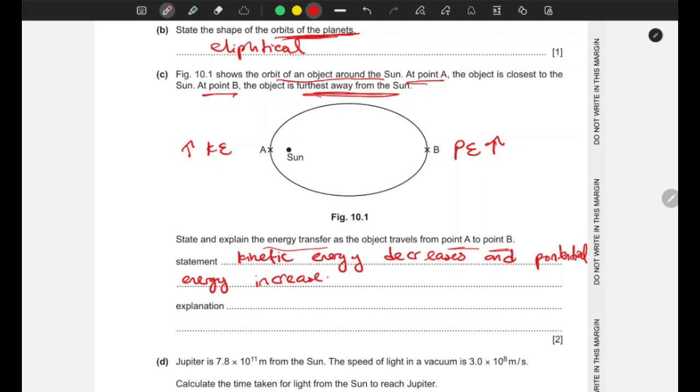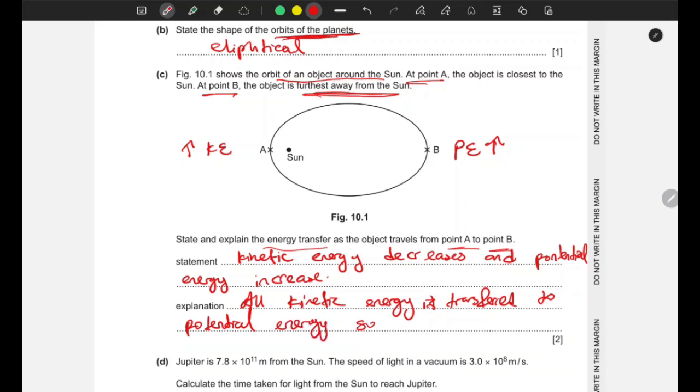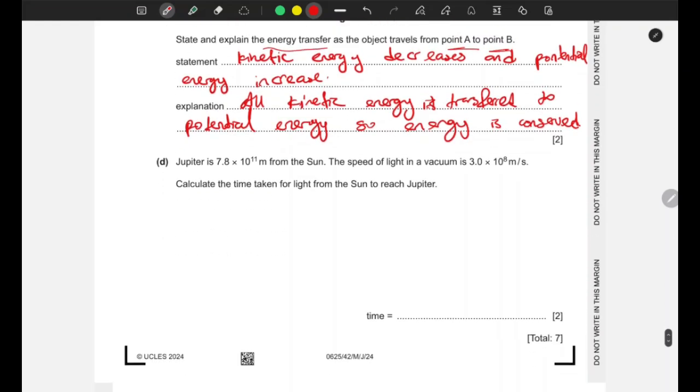And for the explanation, all the kinetic energy is transferred to potential energy. So energy is conserved. That's going to be our answer.